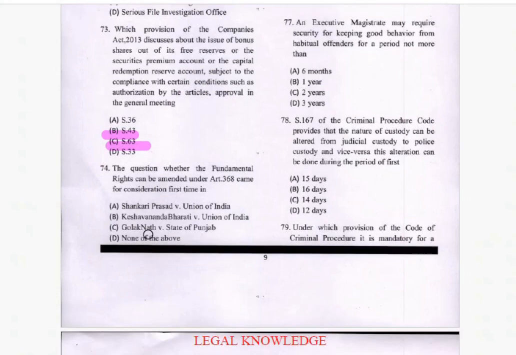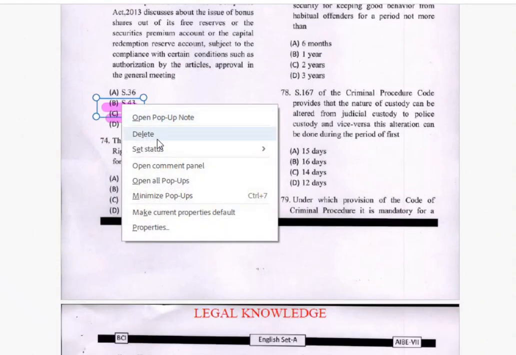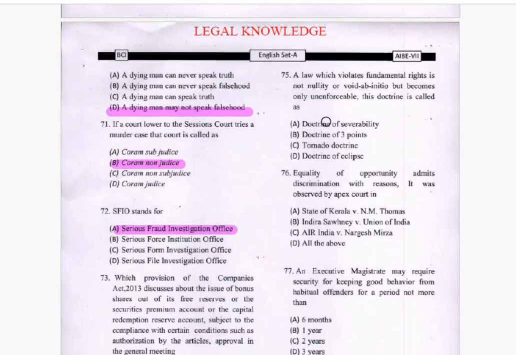The question whether the fundamental right can be amended under Article 368 came for consideration first time in the case of Shankari Prasad versus Union of India. A law which violates fundamental rights is not nullity or void ab initio but becomes only unenforceable.